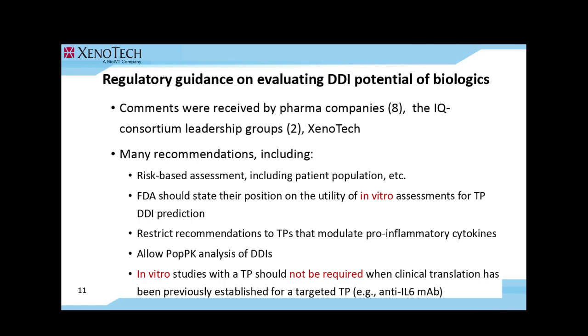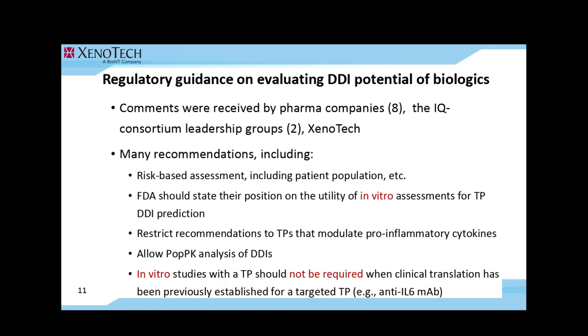Comments were received from pharma companies, 8 of them responded, the IQ consortium leadership groups, 2 of them, and 1 CRO, XenoTech. Many recommendations were given, including risk-based assessment that would take into consideration specific patient populations, recommendation that FDA should state their position on the utility of in vitro assessments for therapeutic protein DDI prediction, recommendation to restrict recommendation to therapeutic proteins that modulate pro-inflammatory cytokines.